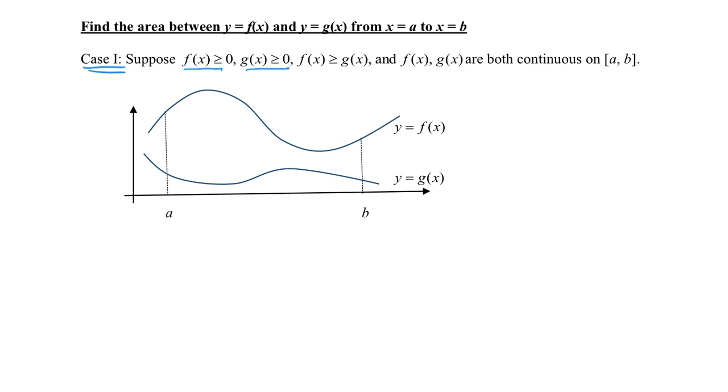So what we're going to want to do is do what we always do and break this up into pieces. We'll take a little sample rectangle. So let's say we have this little sample rectangle here.